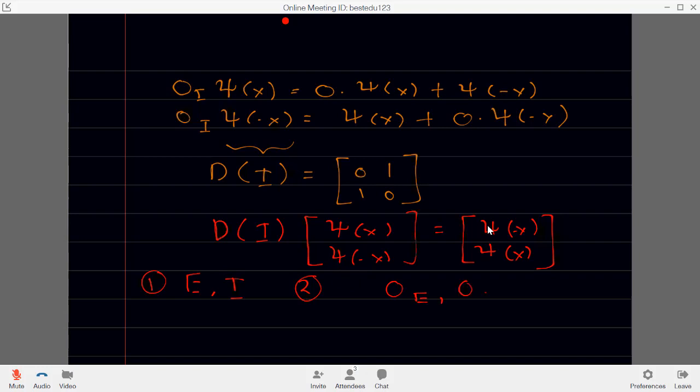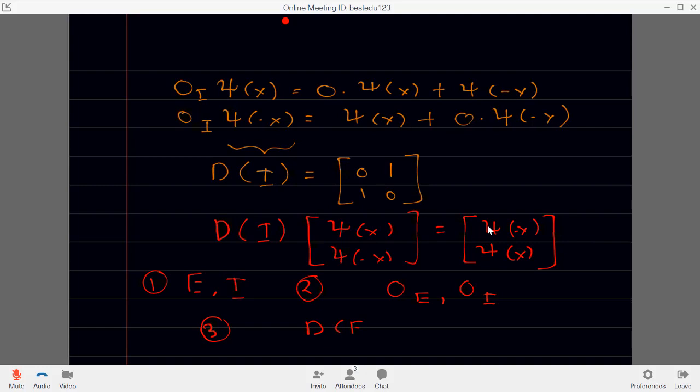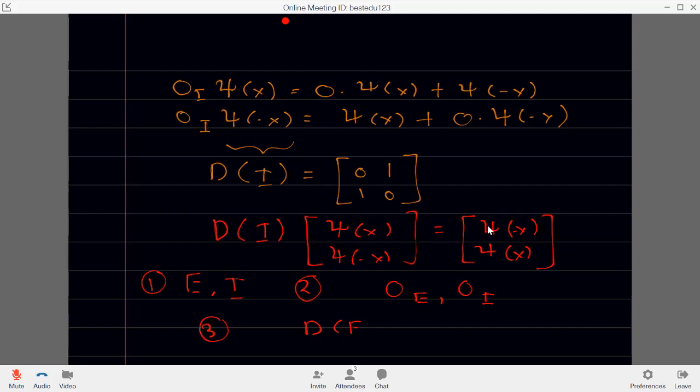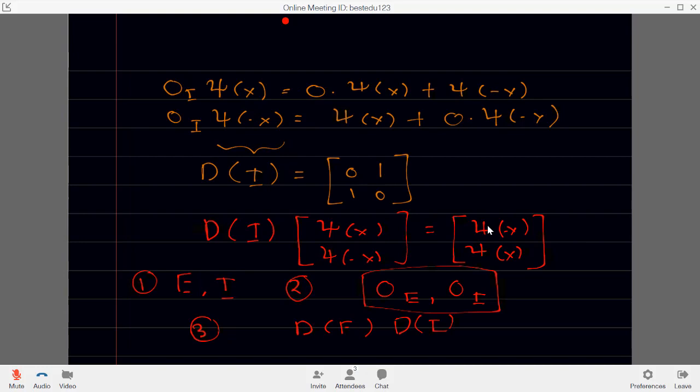And if you choose some basis of functions, then using the basis you can form the matrix representation of these operators, D of E and D of I. So if you have an operator, and if you have a vector space, then find how the operator acts on the basis, and depending on that you can make the matrix representation.